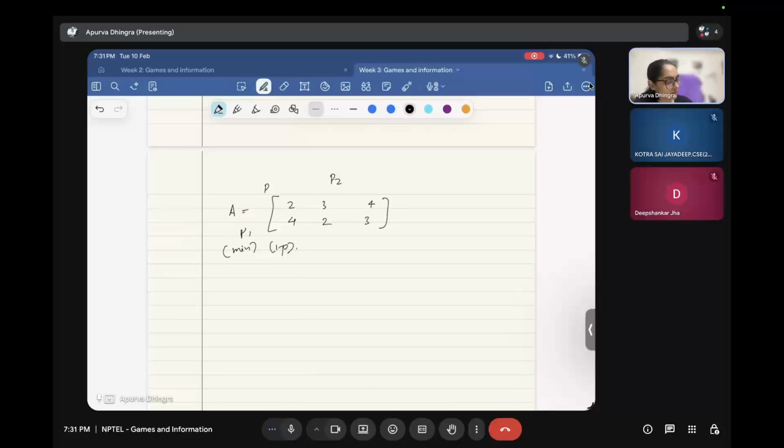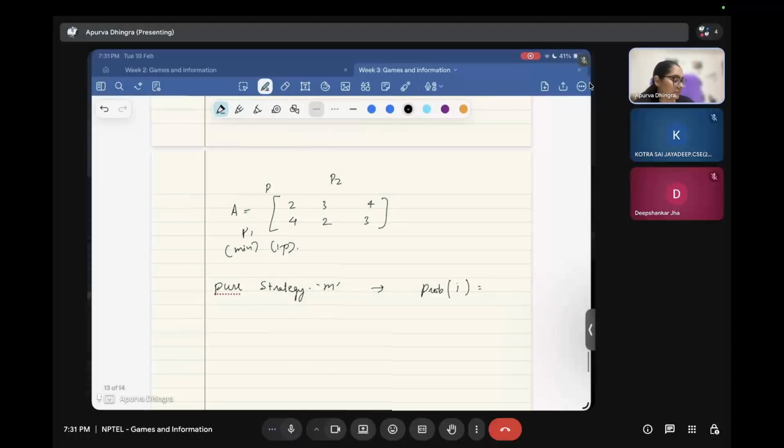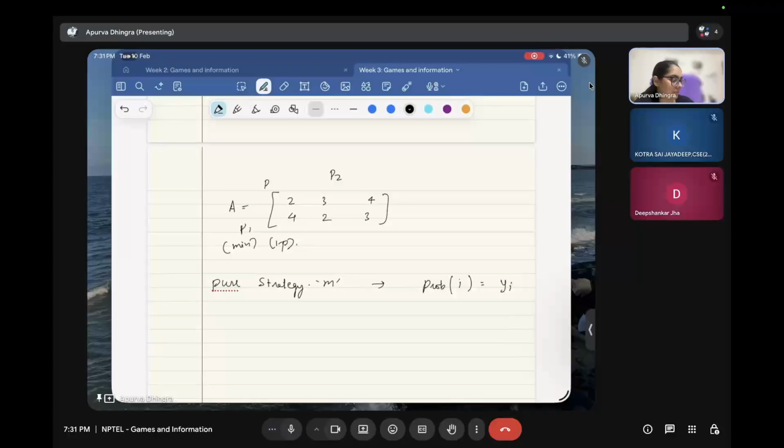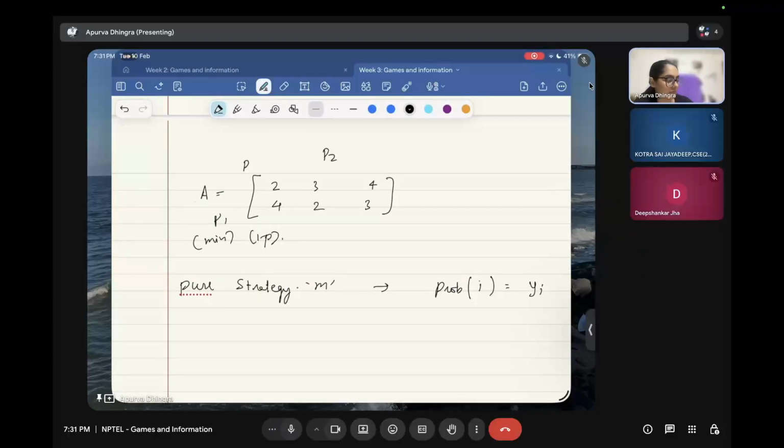So what I've done here is, let's say there are m pure strategies, I've assigned a probability for each of those i's, and the assignment satisfies the standard properties of probability. So yi are all greater than or equal to 0 for all i from 1 till m, and the sum of all of these has to be 1.